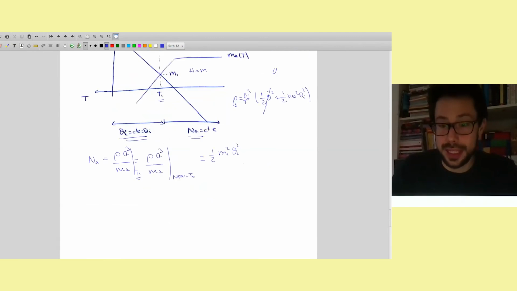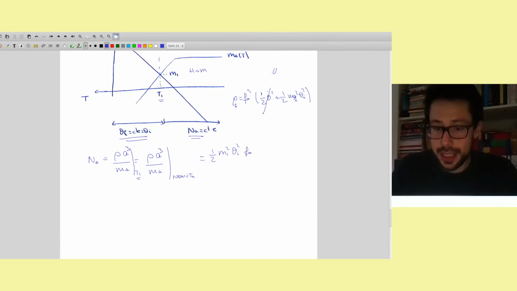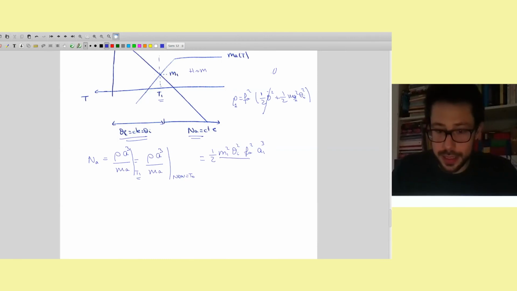Of course, by the way, here, if we want to evaluate it at T1, this mass depends on the temperature. So actually here we should put also m1, right? So this is m1 squared theta I squared times Fa squared. And then we're going to define A1 as the scale factor at the temperature T1, okay? A1 to the cube. And all this, we have to divide it by m1, right? Because everything has to be evaluated at T1.